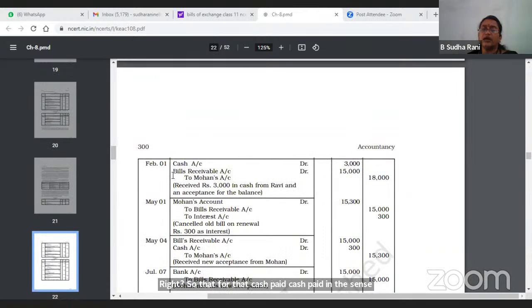So cash account debit, because total Mohan due is 18,000, but the bill drawn is only for 15,000. What about the remaining 3,000? He paid cash. So cash account debit, bills receivable account debit to Mohan account, because Mohan paid cash of 3,000.